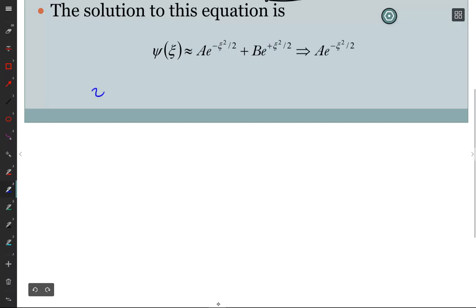So let's just try if psi is equal to e to the minus c squared over 2, then d psi dc is equal to, well, what do you do when you take that derivative?